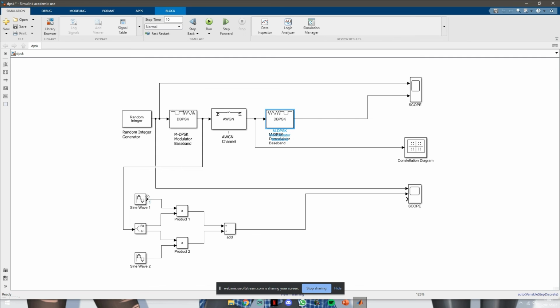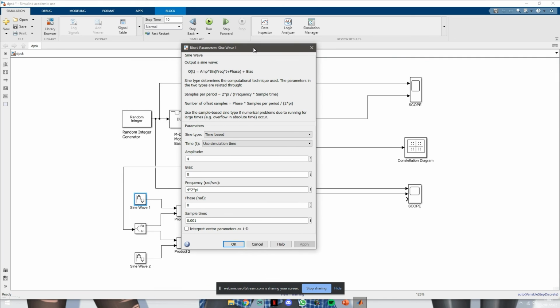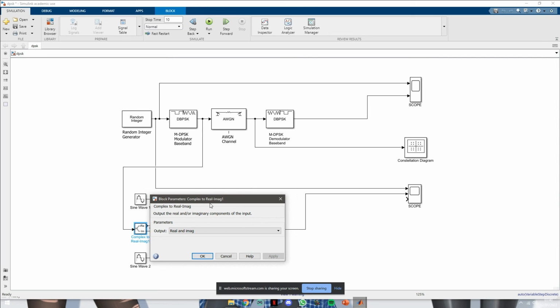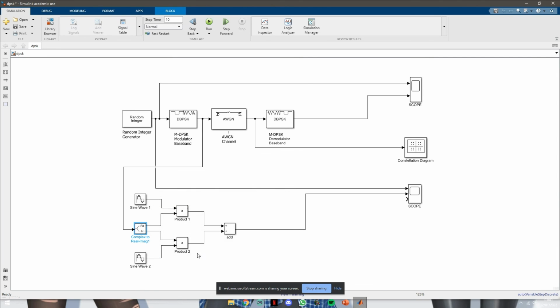The next part is the sine wave block diagram. Sine wave using sine type time based, time using simulation time, amplitude we set to 4, frequency we are using 8 pi, phase in radians is 0, and sample time is 0.001. We have complex to real imaginary.